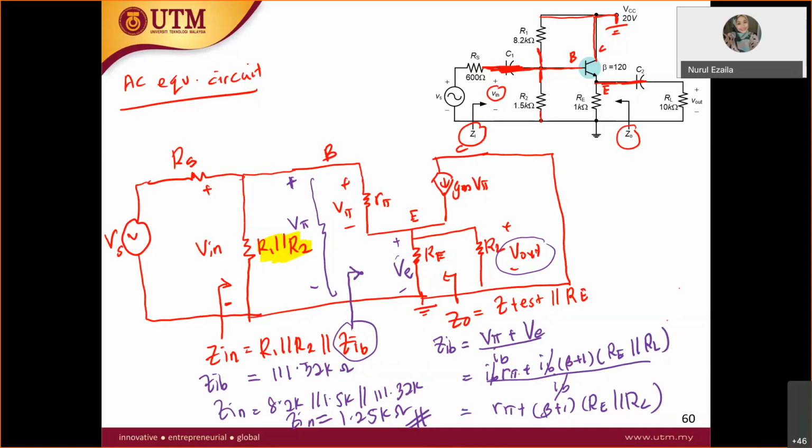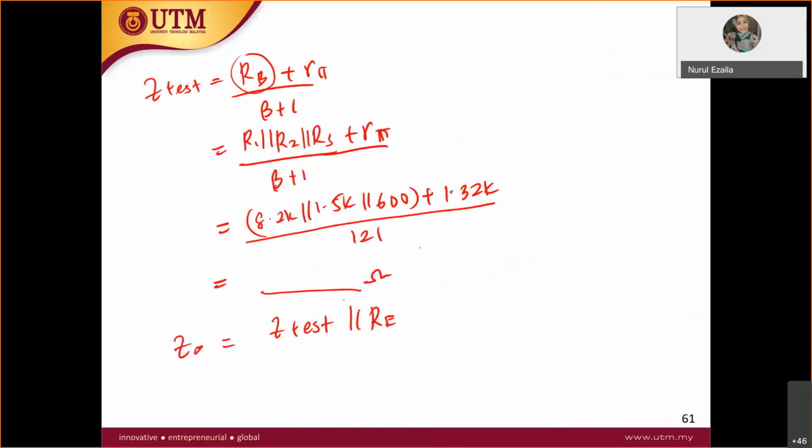So this one. Can someone calculate Z test for me? How much is the value here? For those who have tried, or you straight away, or you're stuck for the Z test. So this is how we get the Z test.